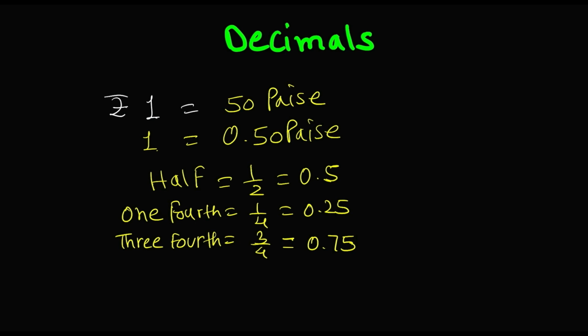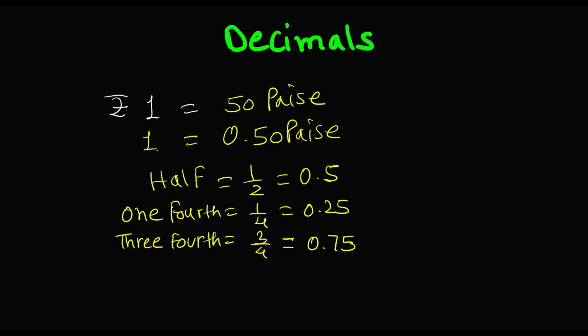Now one question for you. Where do we see decimals? Decimals are everywhere. When we go shopping to buy something like a milk packet or petrol, the cost involves decimals.